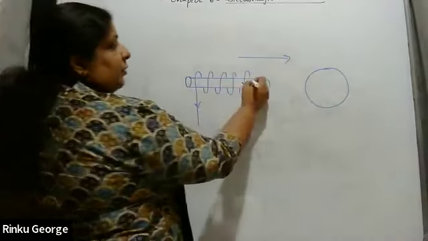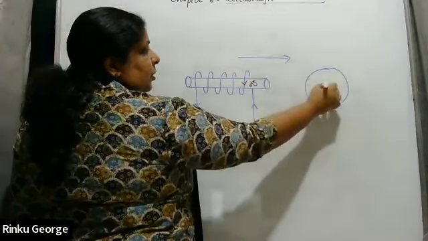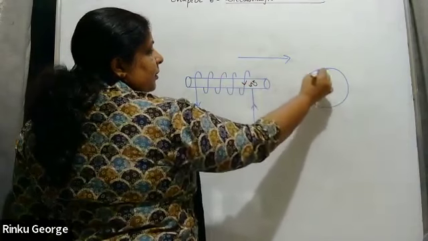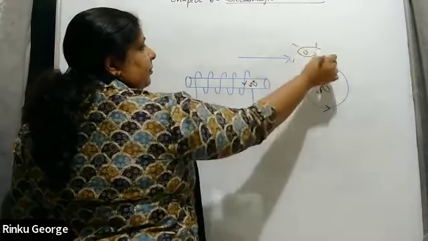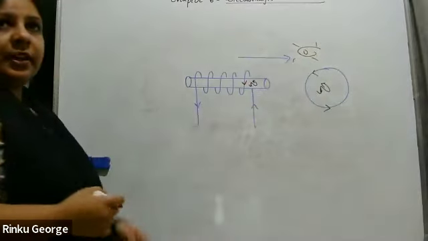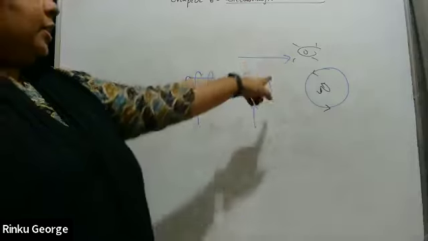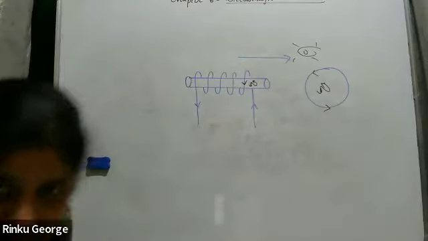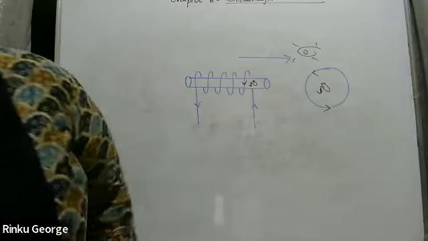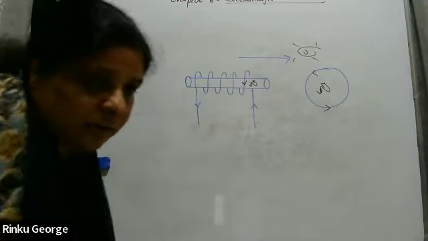So here if you are taking this as north, then here also it will be north and then it will be anti-clockwise. That is when you look from this side. Correct, right? Okay. So, when looking from right, induced current will be anti-clockwise.